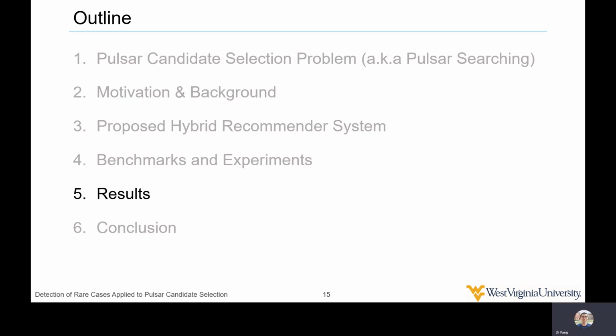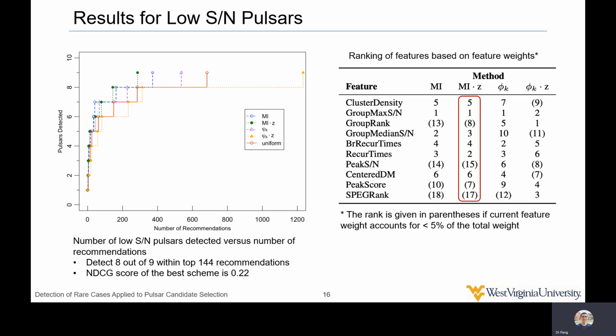Now let's look at our results. Our results for low SNR pulsars show that the mutual information multiplied by the outlier score requires the smallest number of candidates to be inspected in order to detect all 9 pulsars. This shows that when there is class overlapping, treating rare feature values as outliers improves the similarity between rare cases.